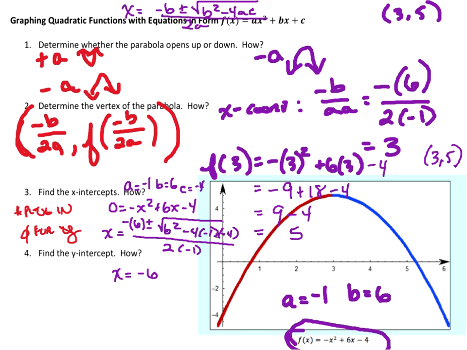X equals negative 6 plus or minus the square root of 36 minus 16 over negative 2. X equals negative 6 plus or minus the square root of 20 over negative 2.